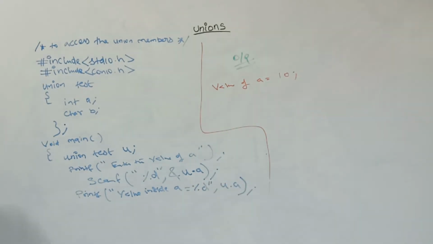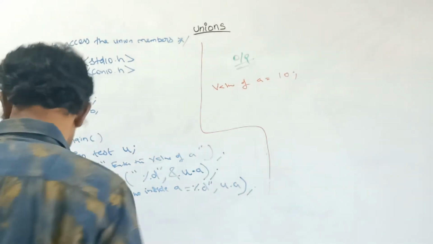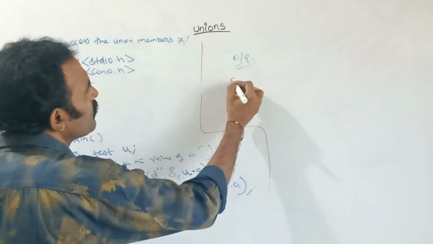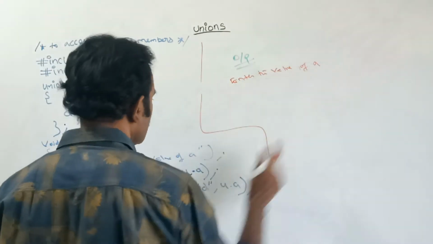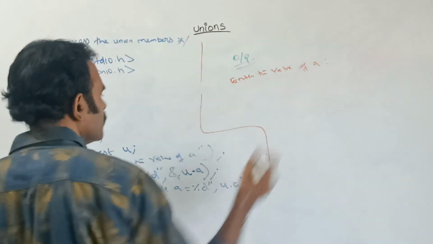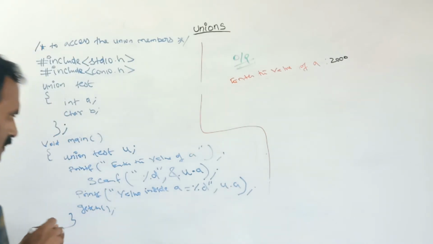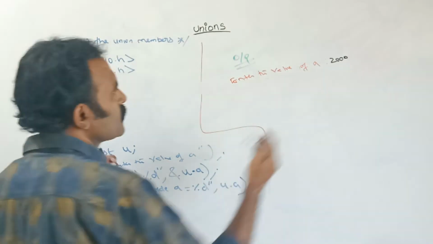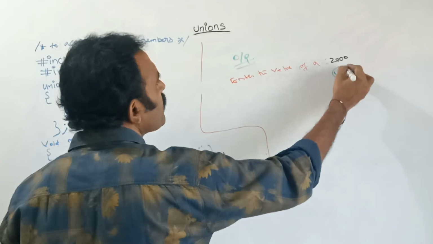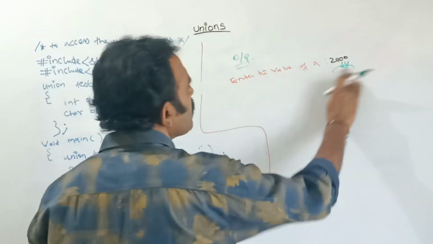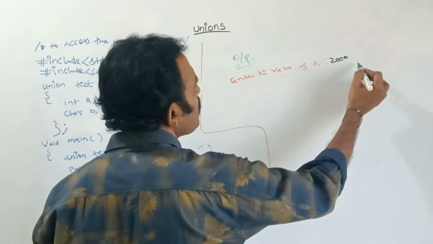At a time we can give a single value, so when we are running this program, it will ask to enter the value. Suppose you are giving 2000 here, then this will be stored to U dot A. Among the two members, this will be stored to the common space.